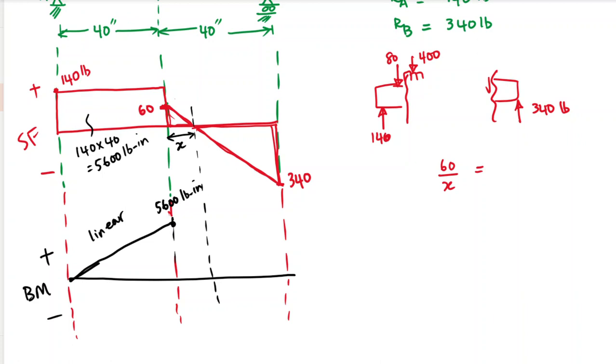So if you use those two similar triangles again here, altitude over base would be 340 divided by 40 minus x. If you solve, you will get x as 6 inches. So this distance x is 6 inches. Therefore, you can get this area as half times 60 times 6, which is 180 pound inches.